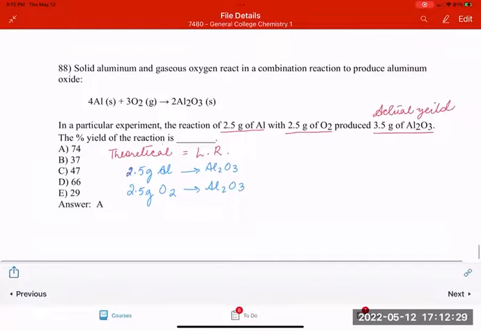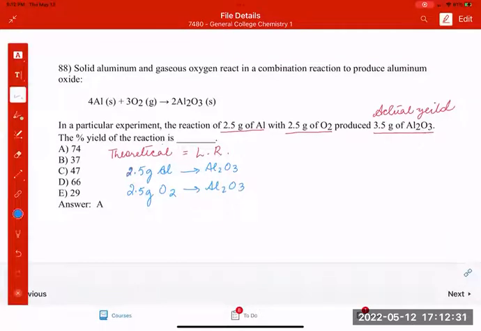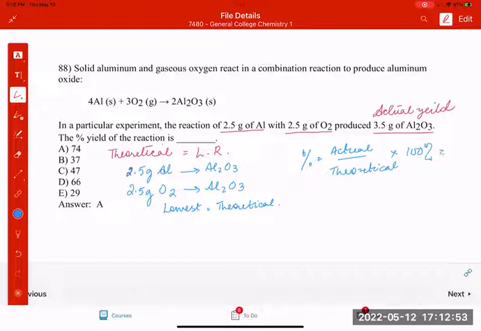So the lowest would be your theoretical yield. Okay, and then percentage yield is what? Actual over theoretical times 100%, and you get whatever answer here. All right, guys.